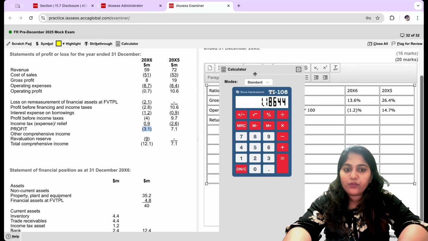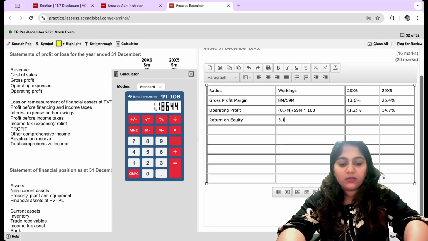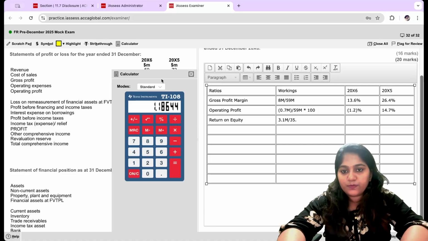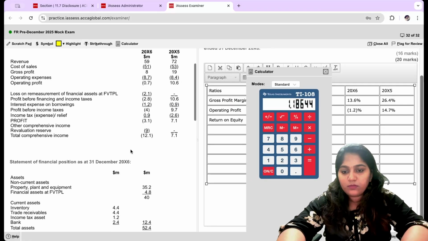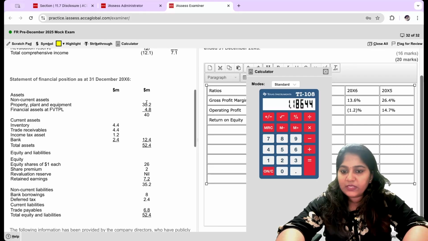I will have to take profit for the year after tax. So I will take 3.1 million divided by 35 point, how much? Where the hell is it?